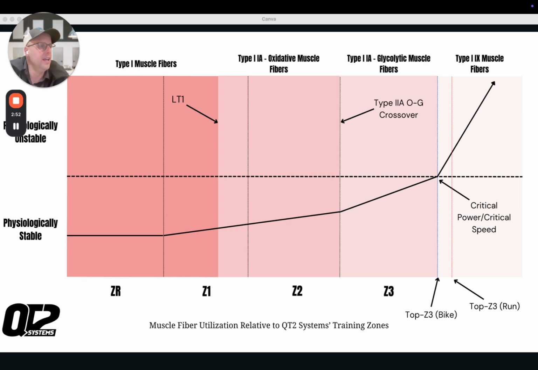This line right here is physiological stability relative to the intensity. And so here in zone R, this recovery zone, if you think of it in terms of personal finance, this is the equivalent of living well below your means.